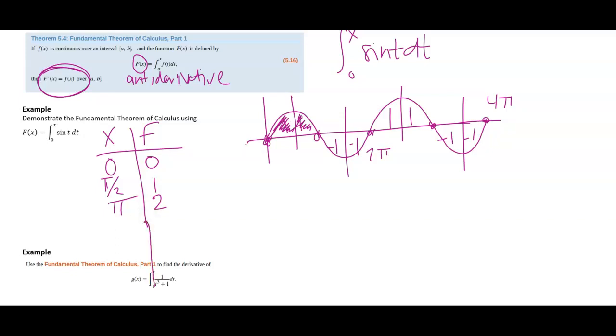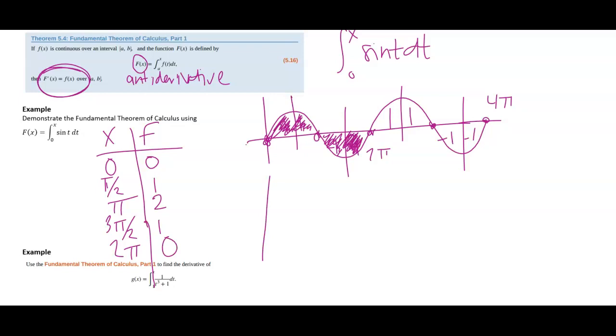Let's just do a few more of these. I get 3 pi over 2. Now I start negating that area, so I go back to 1, and then at 2 pi, all of that area, 0 to 2 pi, is now negated, so I'm back to 0.